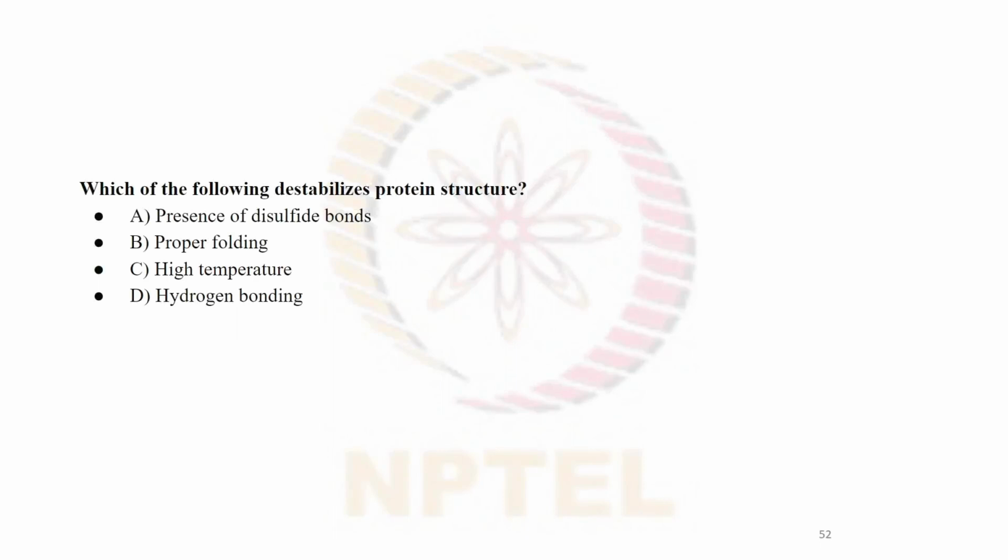So which of the following can destabilize a protein structure? As we have discussed, the protein stability depends on interaction with other residues, interaction with the environment, and physiological conditions as well. So which of the following can destabilize protein structure?